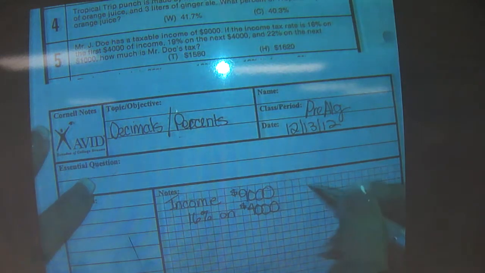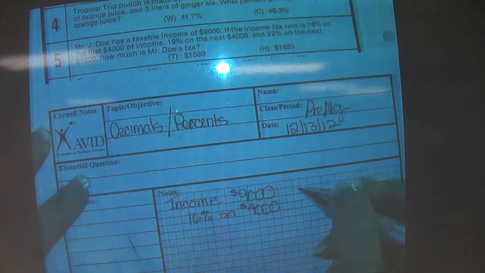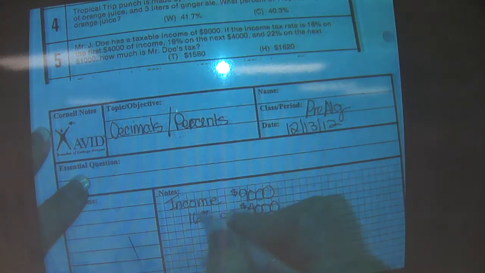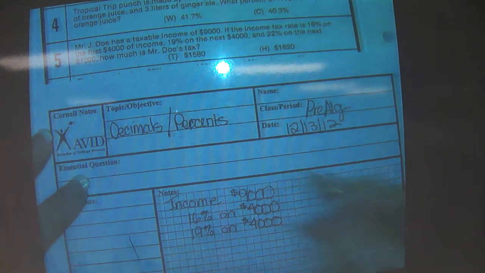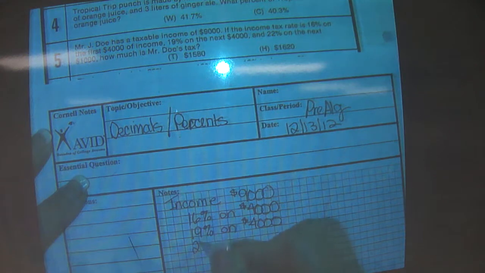And we have to calculate 19% on the next 4,000. So then he has to pay 19% on like $4,001 to $8,000. So 19% on the next $4,000 and 22% on the last $1,000.